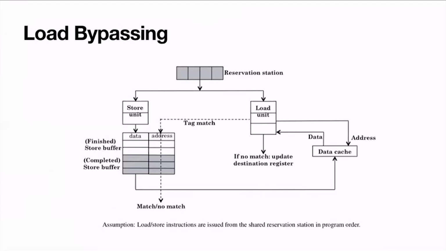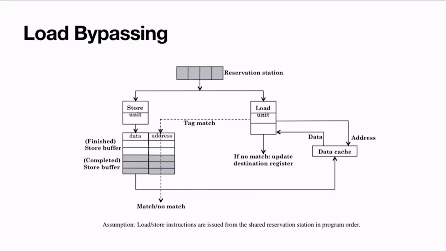I cannot go to the cache with that load address and read, because this data is going to be updated by the entry in the store buffer. If there is no match, this load is free to access the data cache, because none of the store instructions waiting in the store buffer are dependent on this particular load. There is no match with the address, so the load can go ahead with accessing the data cache. That is what we are going to do.